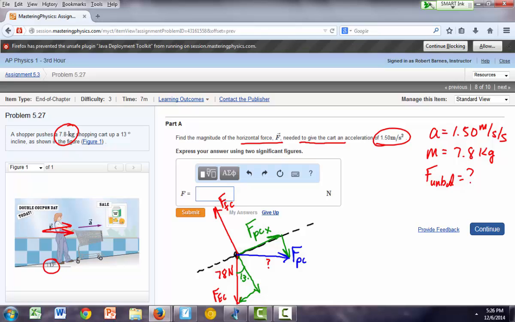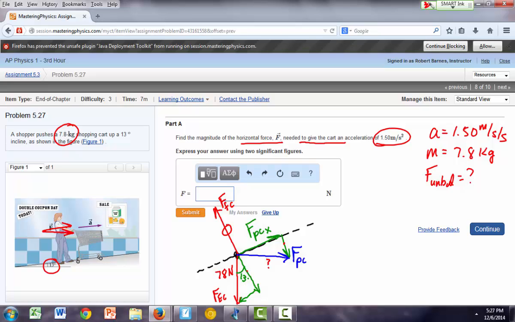So these two forces here, actually I'm just going to draw it like this. My floor force is going to be the sum of this one right here and this one right here. So I'm not going to worry about that. I'm balanced up and down. Where I'm not balanced is up and down the plane.